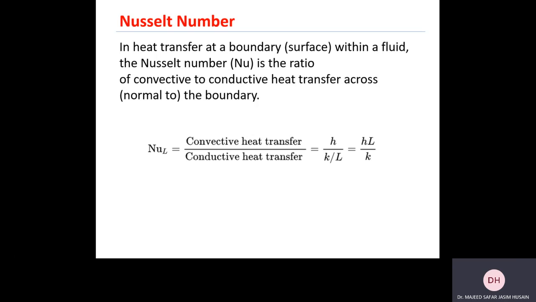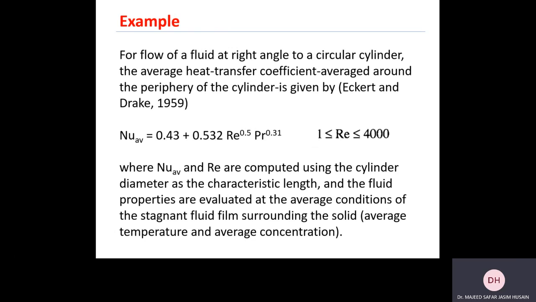So that's the meaning of the Nusselt number. Now what we'll do, in the last part of the lecture, is apply these. This example is divided into a few parts. You should first try to understand the question itself, then we'll start solving for the physical properties.